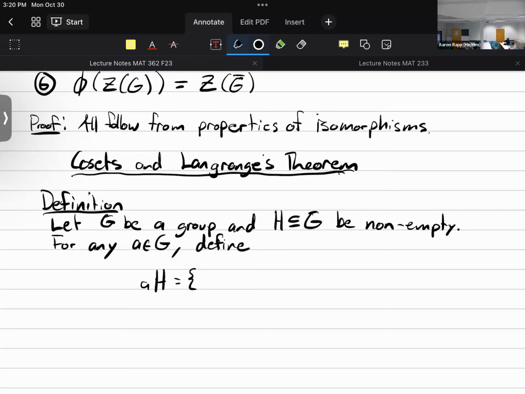The first is going to be what we call the left set, so little a times the subset capital H. And this is just going to consist of all elements saying, hey, take everything from this set H and multiply it on the left by this element that I chose, little a.